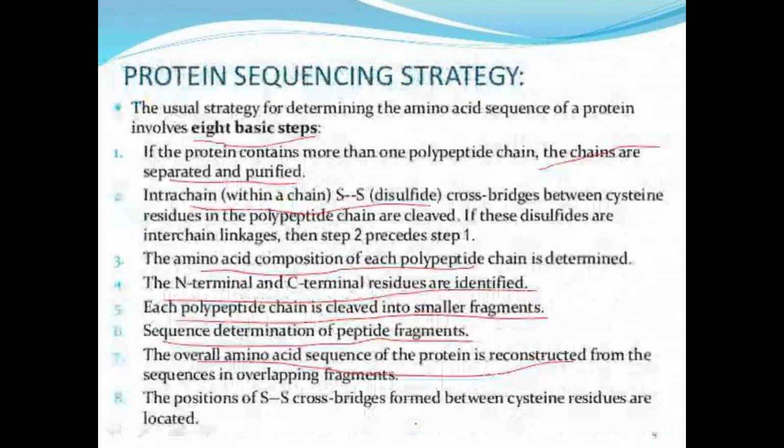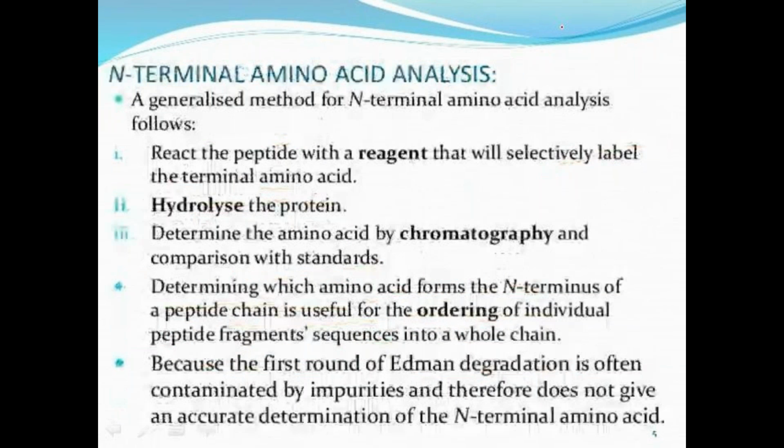Here in the fourth step, what do we have to do? First, we have to determine the N-terminal and C-terminal. How do we determine these? By using different enzymes and different chemicals. The next method involved here is the N-terminal amino acid analysis. The peptide chain starts with the N-terminal amino acid, the amino terminal.